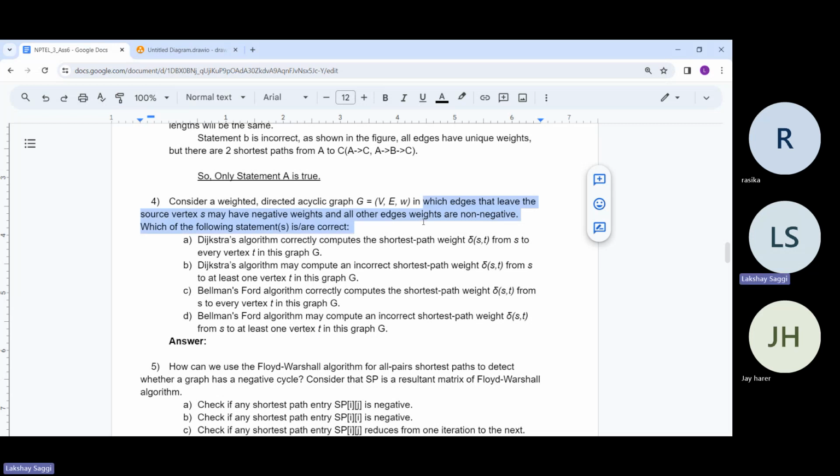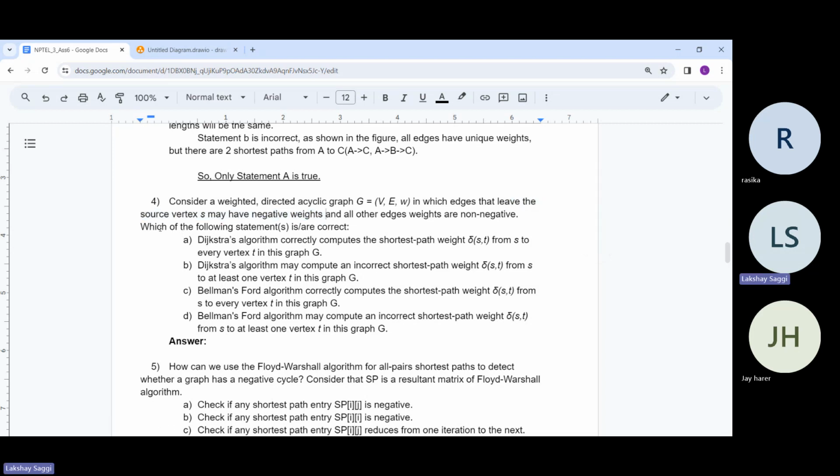Note that this graph is special: the edges which are leaving the source vertex may have negative weights, but all other edges are always non-negative. So it's a special case. It's not the case that every edge can be negative. Only those edges can be negative which are leaving the source vertex.